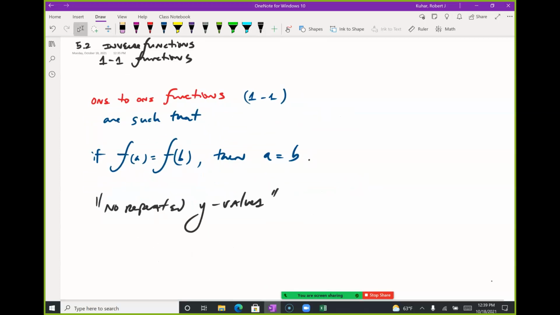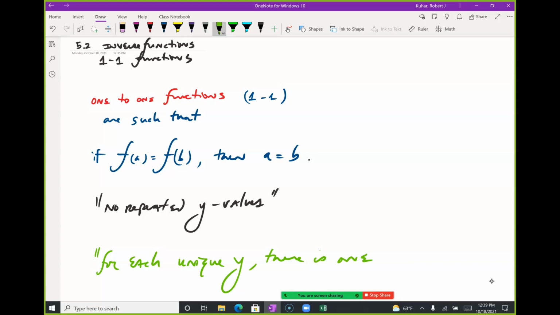So the nerd way we've said it in the past that you should recognize is for each unique y, there is one and only one x.